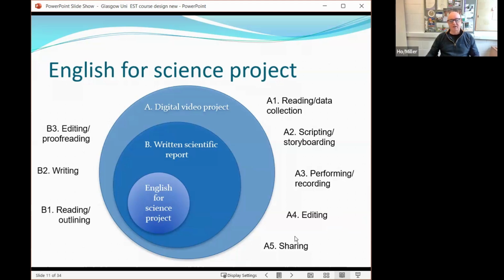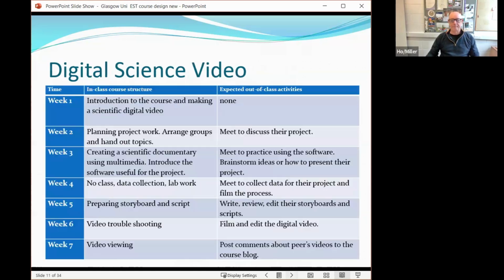For the lab report, they had to again go back to their readings, they had to write in a disciplinary fashion, they had to edit and proofread and then present it to us, the teacher, for marking.